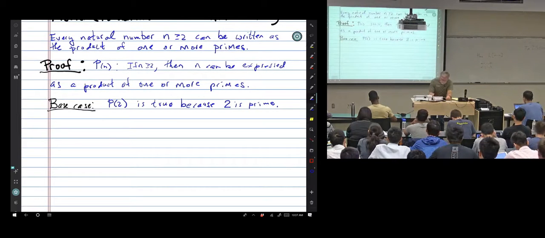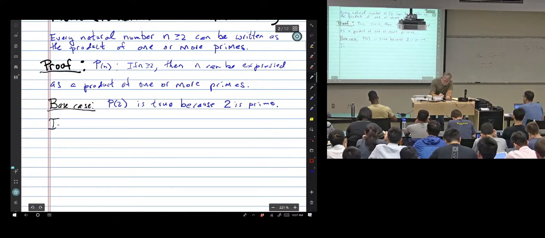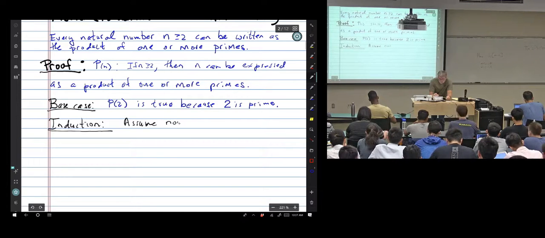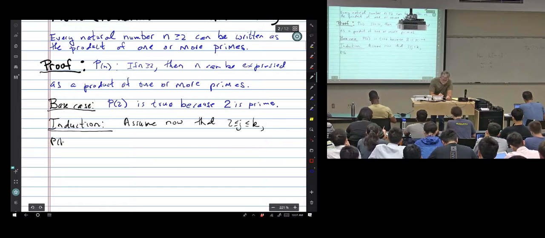What's the induction step? Then you'll see what's nice about strong induction. So we assume now that for 2 less than or equal to j less than or equal to k, P of j is true.